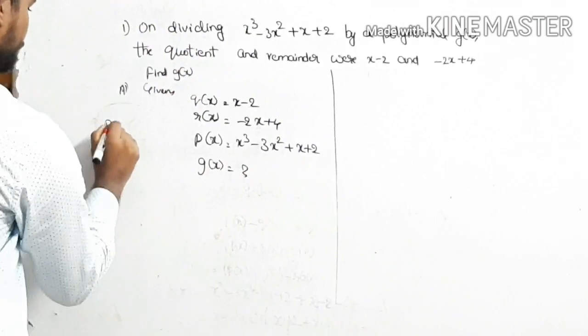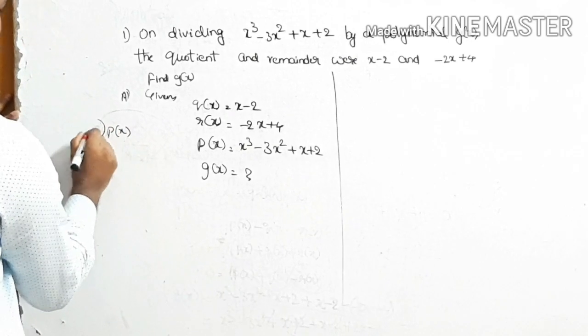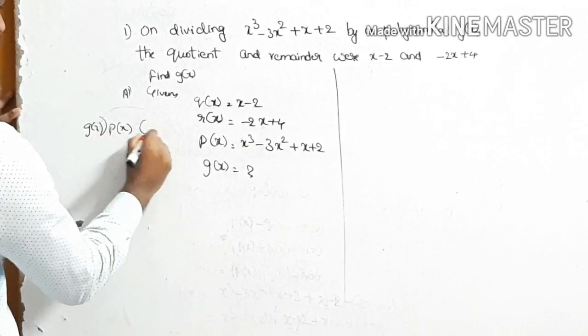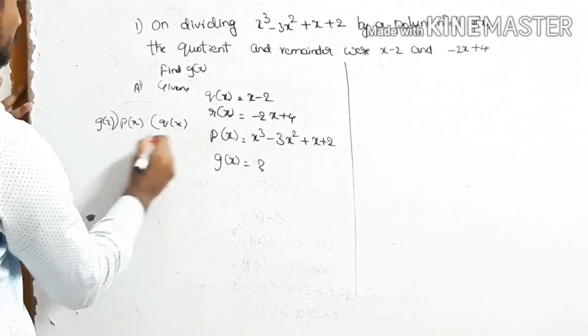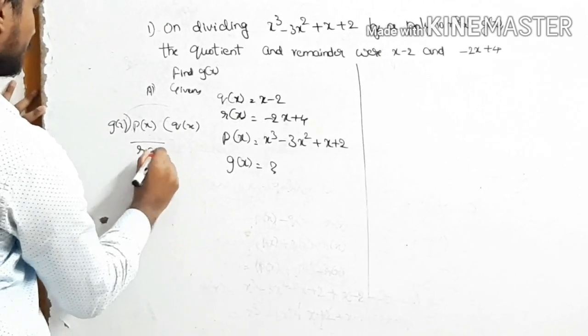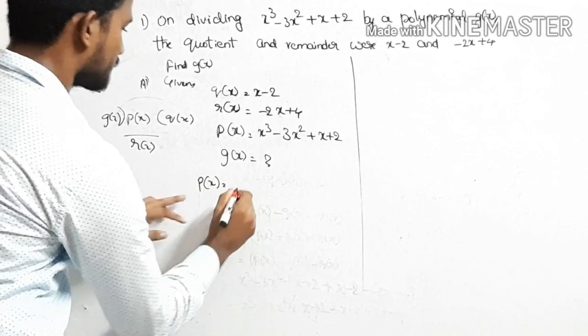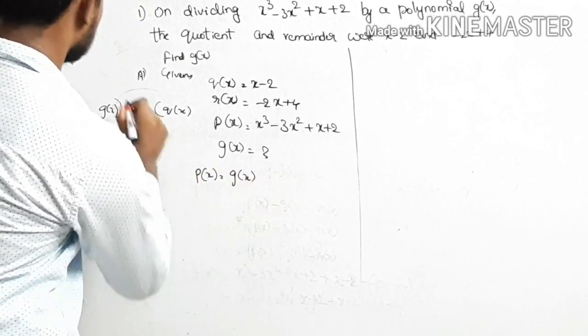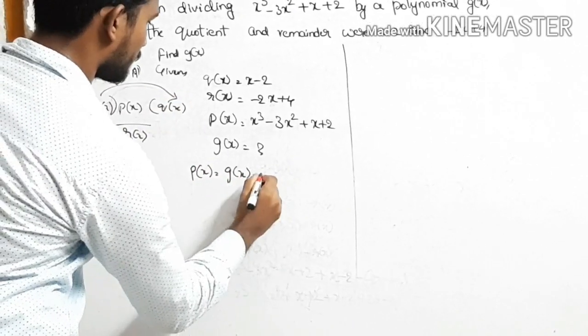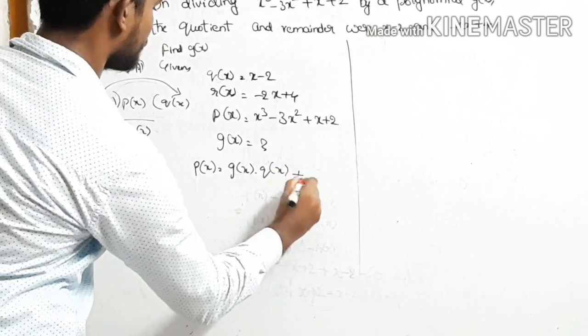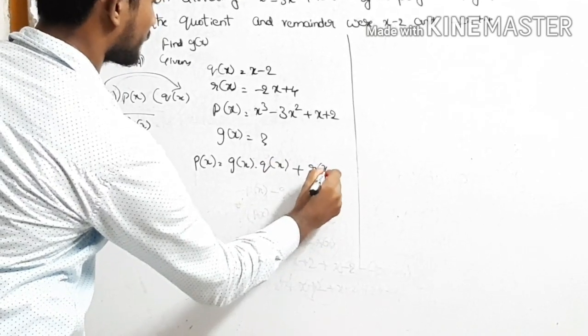For this, p(x) divided by g(x) gives q(x) and the remainder is r(x). By the formula, p(x) = g(x) q(x) + r(x).